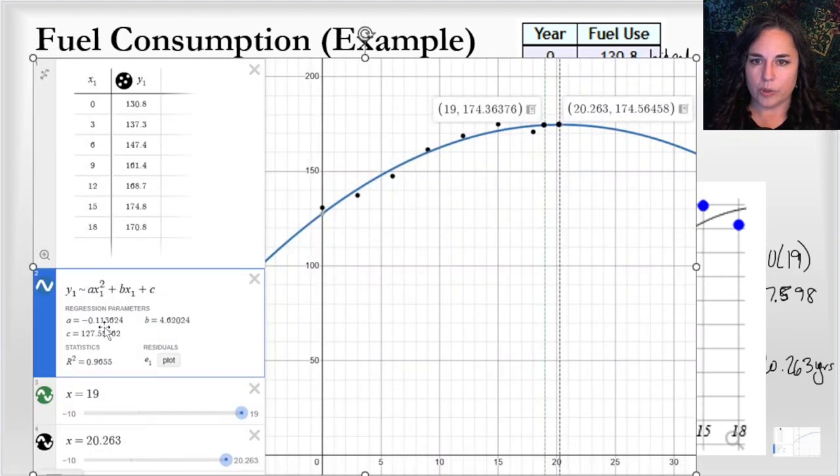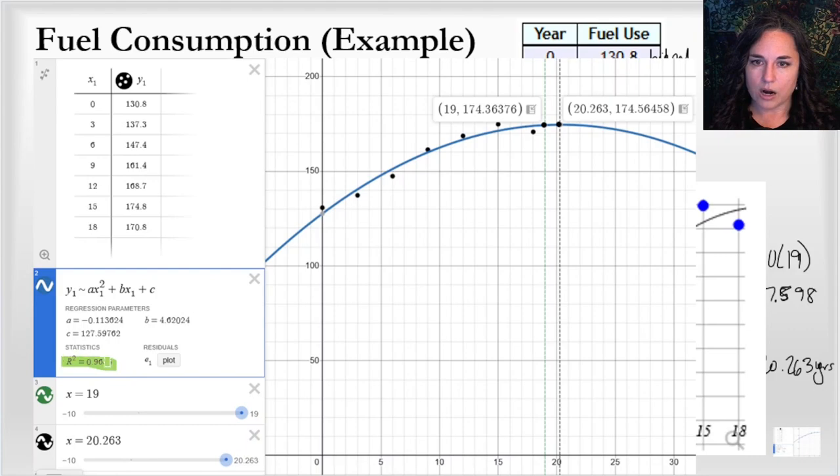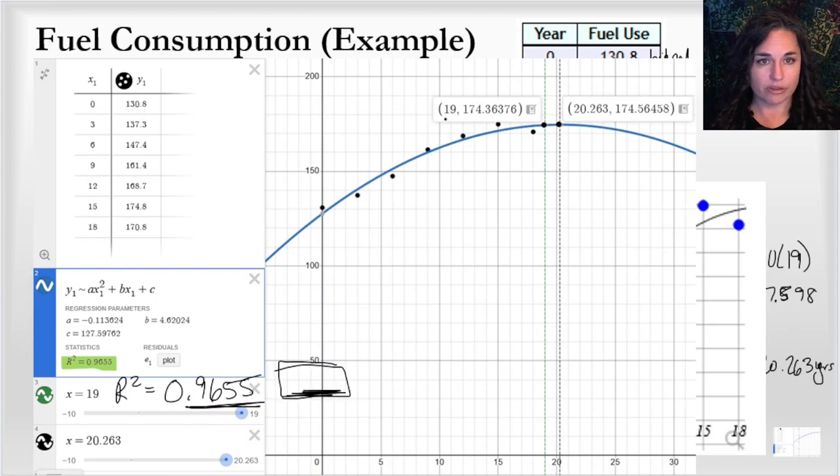Negative 0.1136, so we can see it was rounded, and it's a pretty good model. I think that's why I did this, was to look at the model. The r squared here is 0.9655, so I would say that's pretty good. It's not a perfect fit, but we already knew that looking at the data. We had a couple of data points where it was linear in here, but then it went back down.